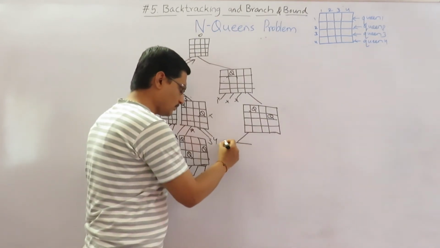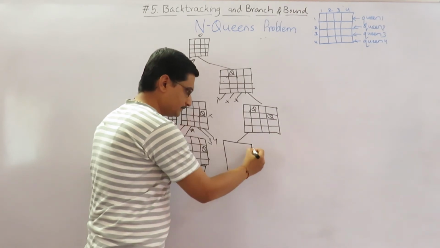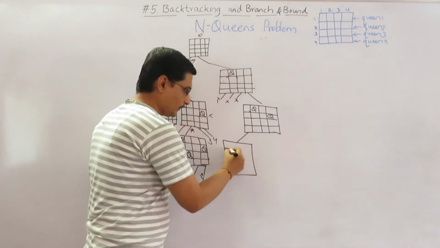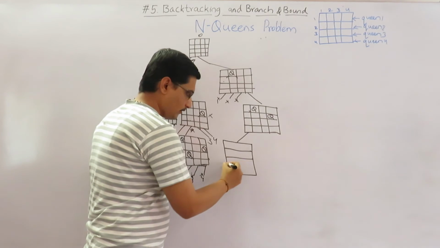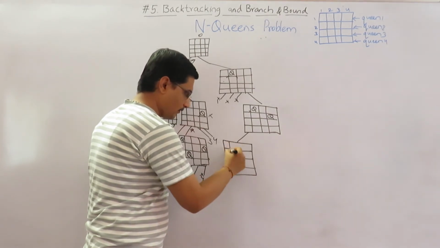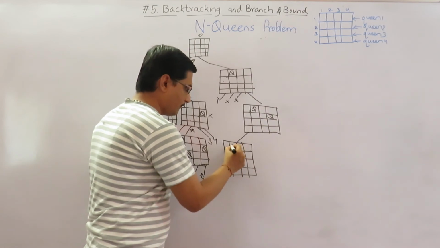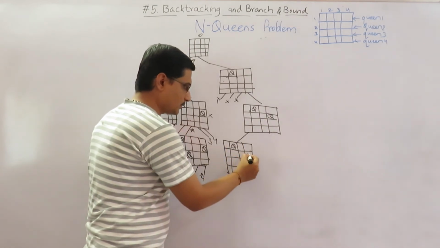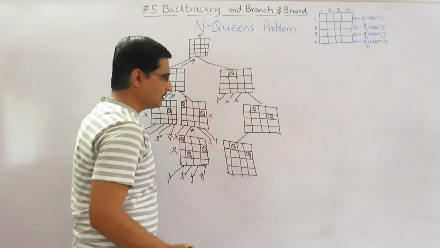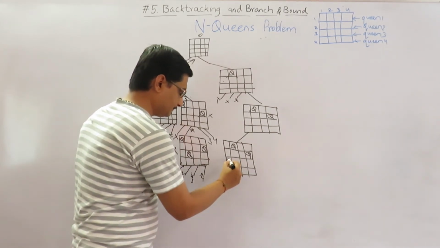Diagonally no queens, so we can place. First queen, second queen, and third queen here.